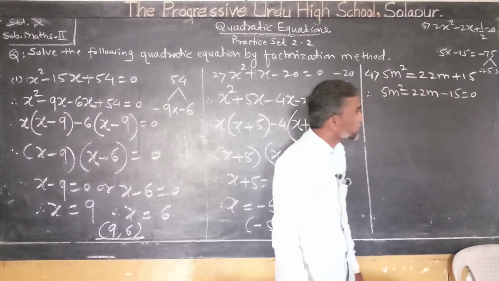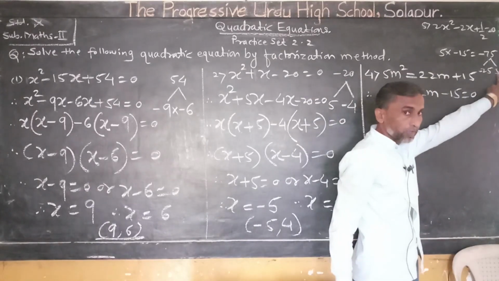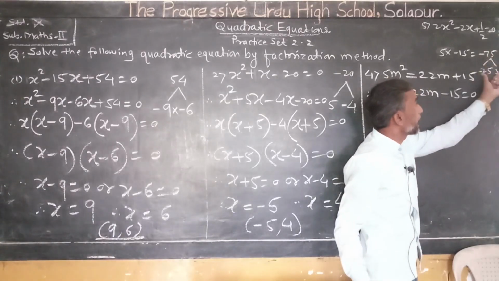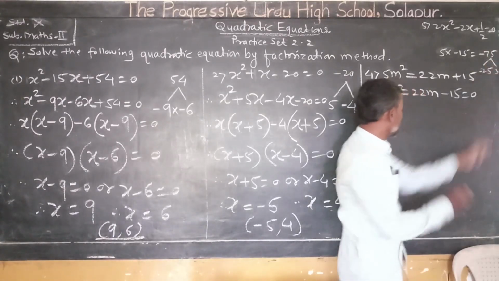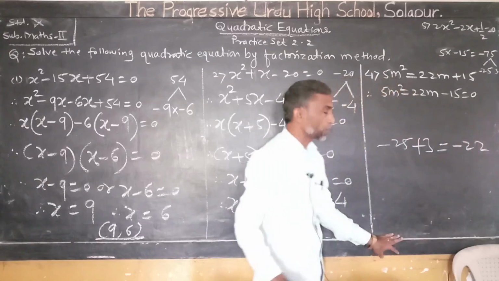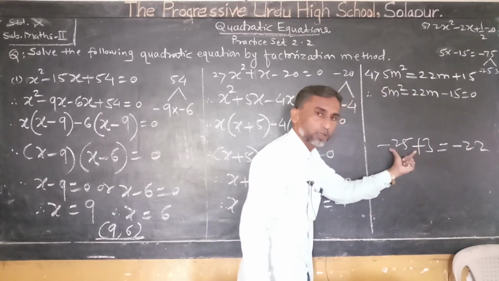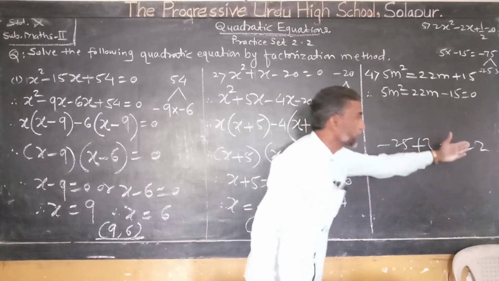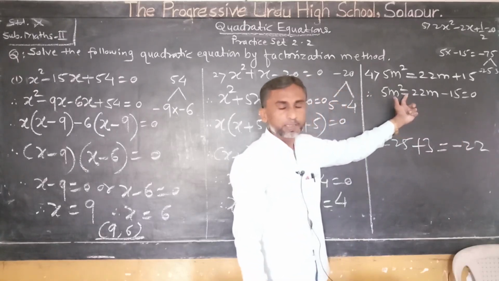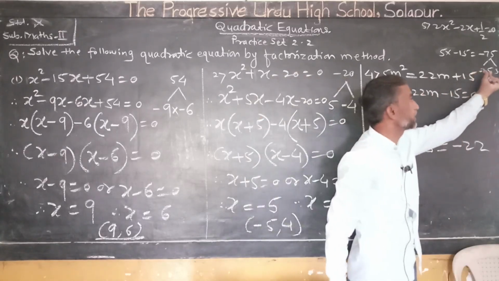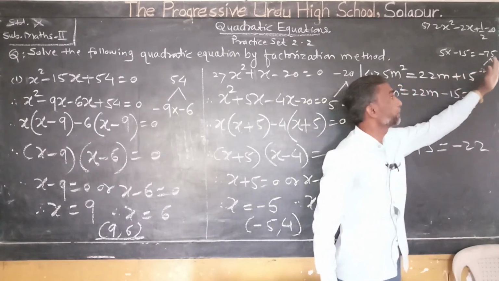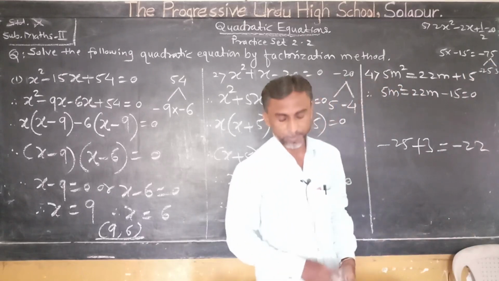So minus 25 and 3 will be the two factors whose multiplication is minus 75, and if you add these two, minus 25 plus 3 is equal to minus 22. Because signs are different, do the subtraction. 25 minus 3 is 22. Sign of the greater number is negative. So you will get the linear coefficient. The sum of these two should be minus 22. So minus 25 plus 3 is equal to minus 22.